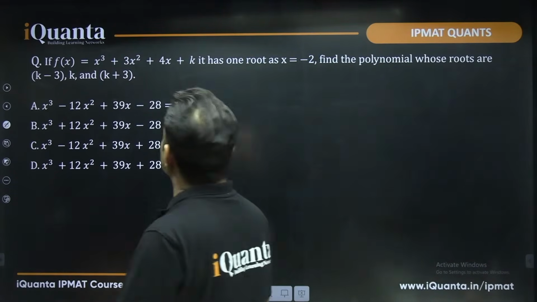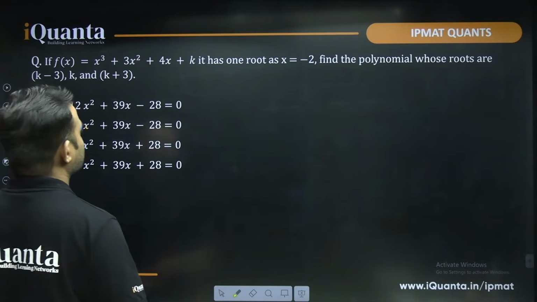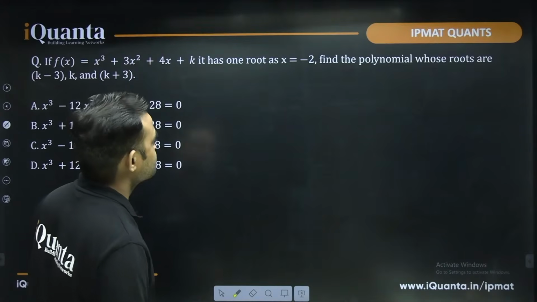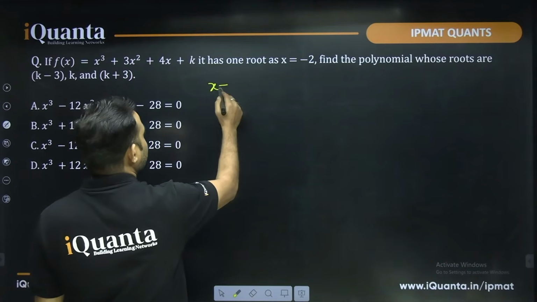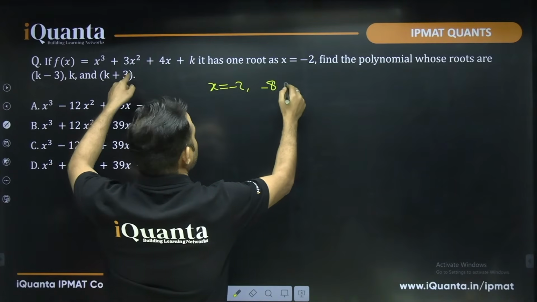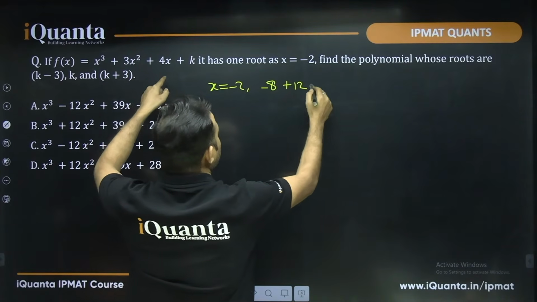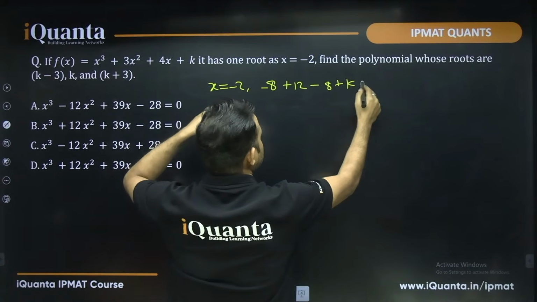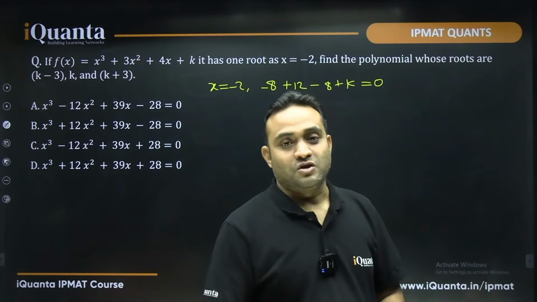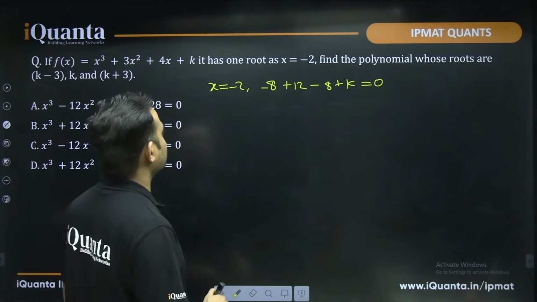If f(x) is equal to x cube plus 3x square plus 4x plus k, and it has one root as x is equal to minus 2, so put x is equal to minus 2. So this should satisfy it. Minus 8 plus 12 minus 8 plus k should be equal to 0. Right? If I put root in place of x, we should get 0 as well.